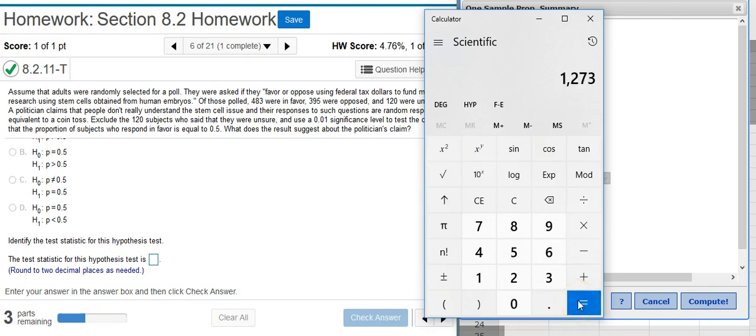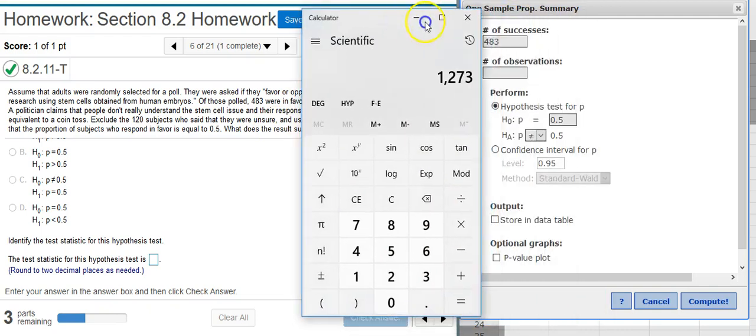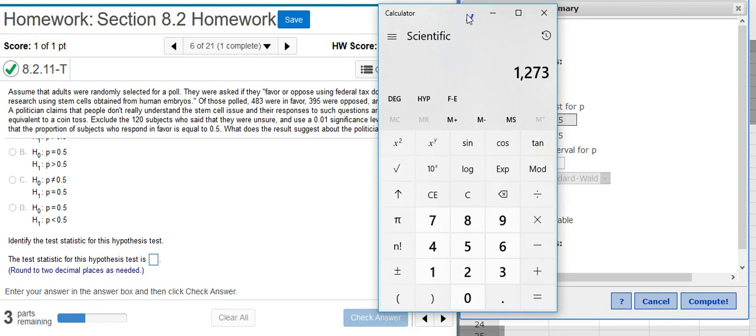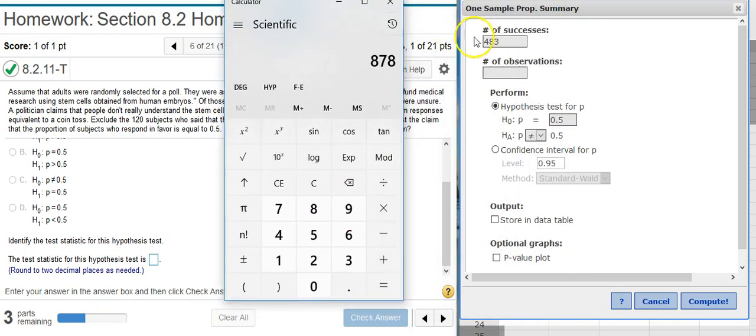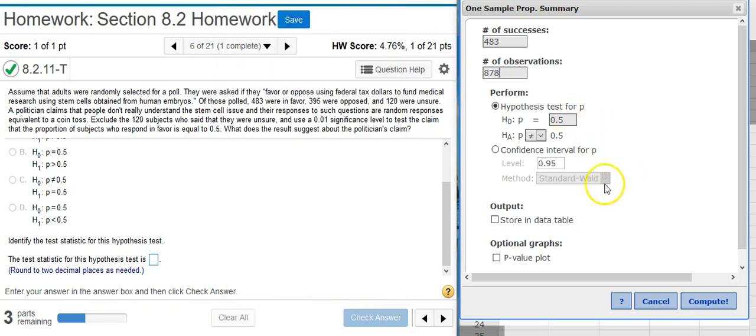So just those two together gives me my total, which doesn't look right. 483 plus 395 is 1273? I don't think so. Let's try this again. 483 plus 395. 878. That looks better. Okay, so that's all we need there.